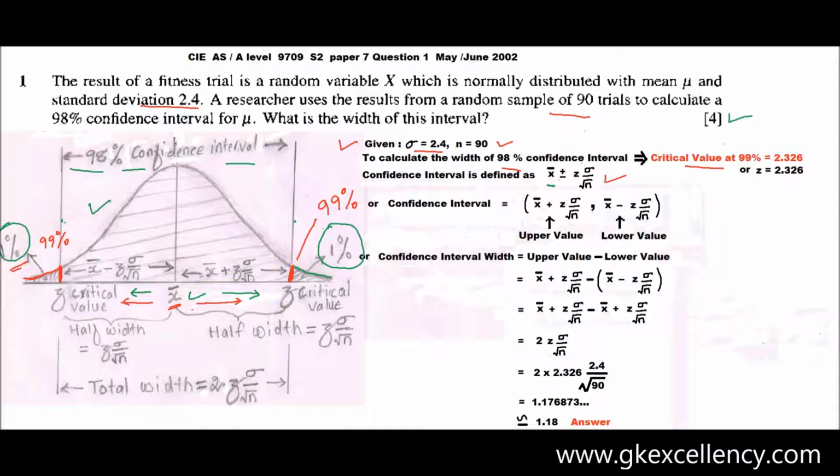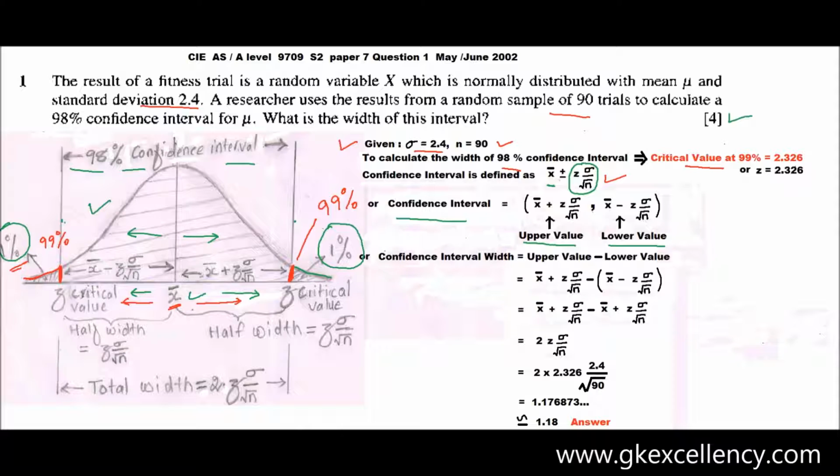I already explained this in that diagram. This part is what I call the margin of error, or simply the standard error. So in the confidence interval I can go positive on this side and negative on the other side. Instead of writing plus or minus, I write plus here and minus here, so this becomes my upper value and this becomes my lower value.